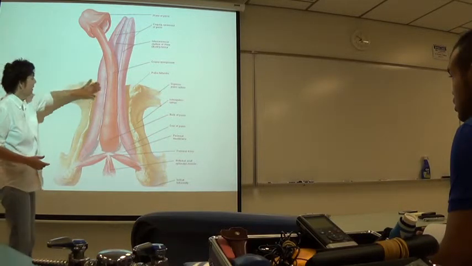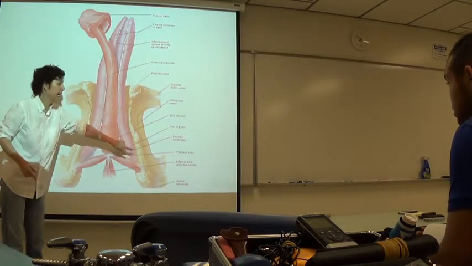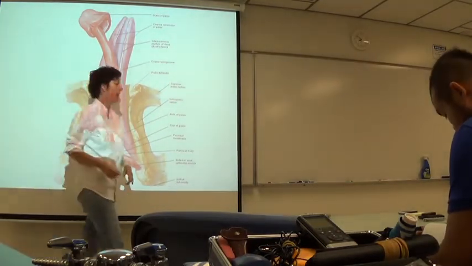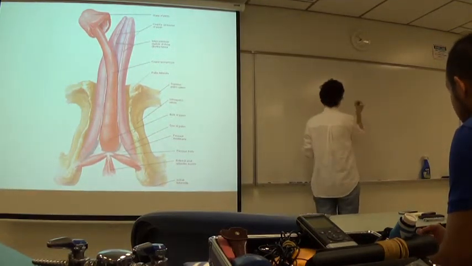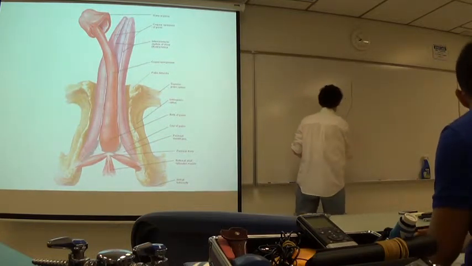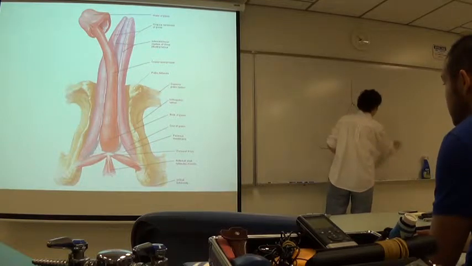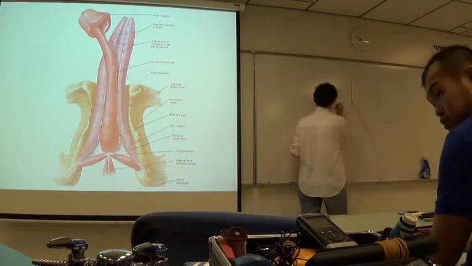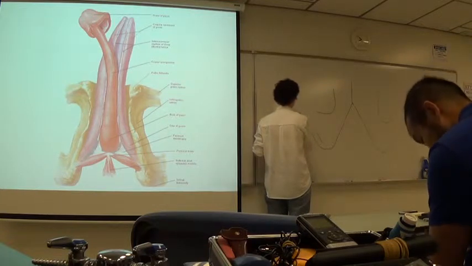So the base of these two bodies is this structure right here attached to the ischial rami. So let me diagram that on the board. I'm going to erase this black line here in a moment, but I just want to give you an idea of what we're looking at. So this would be the ischial tuberosity.